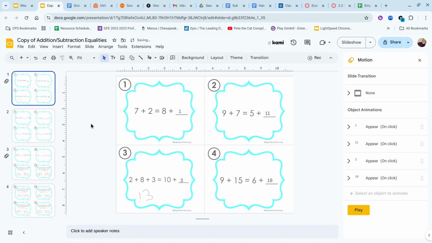I'm going to show you one last one, and then you guys will do the next slide on your own, but I'll show you the other questions that are similar. So I see here 9 plus 15. 9 plus 15 equals 24.